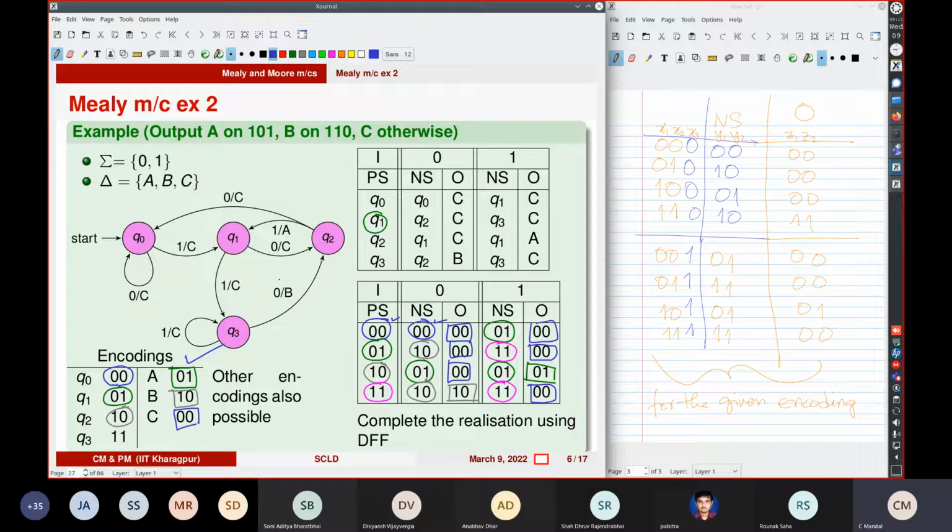I'll not have to explain this machine to you, that you should understand quite easily on your own. There's a machine that is a recognizer for 101 and 110.